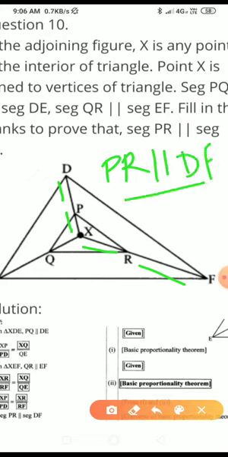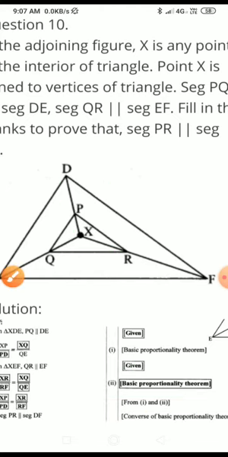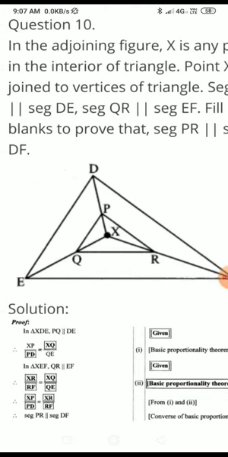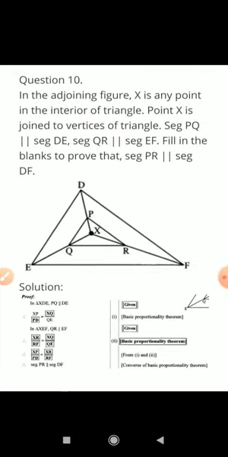According to the converse of the basic proportionality theorem, segment PR is parallel to segment DF. So see the solution here: therefore segment PR is parallel to segment DF, according to the converse of the basic proportionality theorem. Okay, so this is the solution of question number 10.